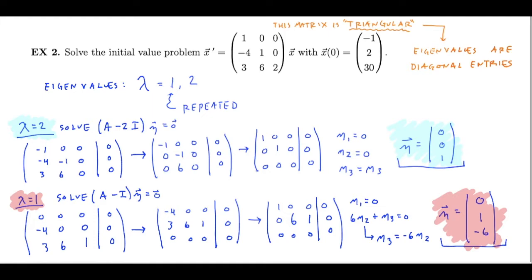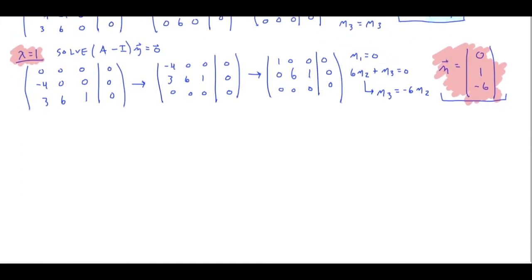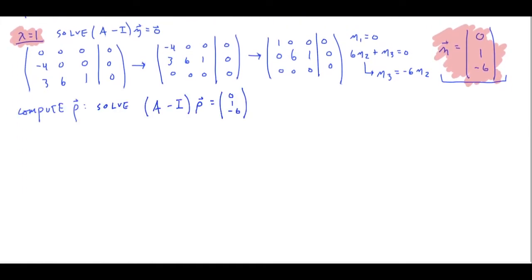So here I've solved for the actual eigenvector associated with lambda equals 1. Now I will solve for the generalized eigenvector rho using this equation here. Notice I've already plugged in the specific alpha value of 1. And then rho is what I'm going to try to solve for.